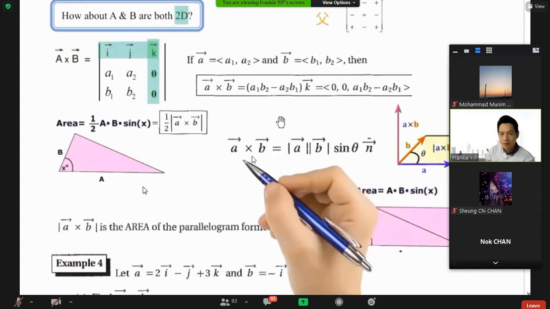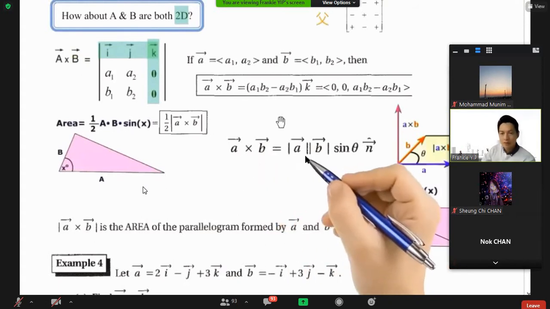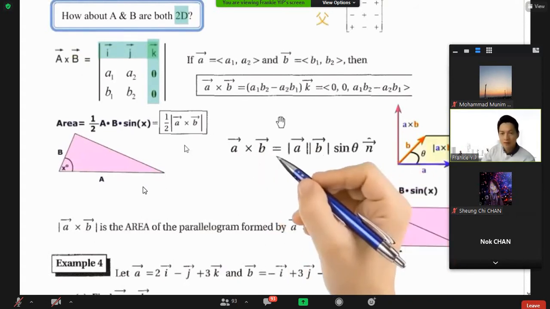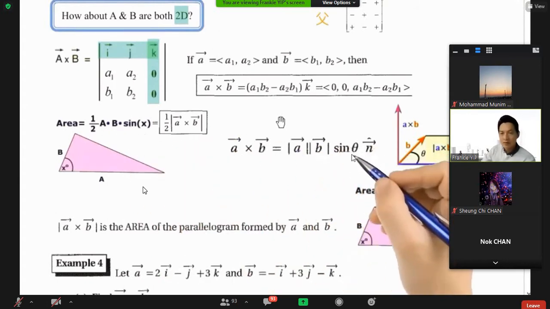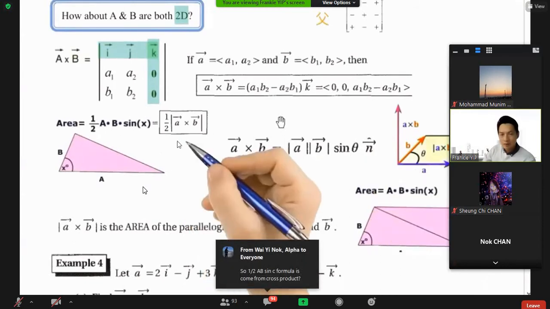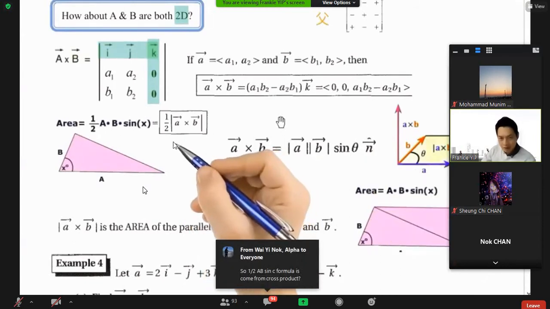Because A cross B equals A magnitude, B magnitude, and sine of the angle between them. So remember this for the area of the triangle.